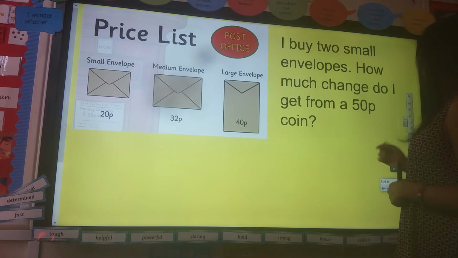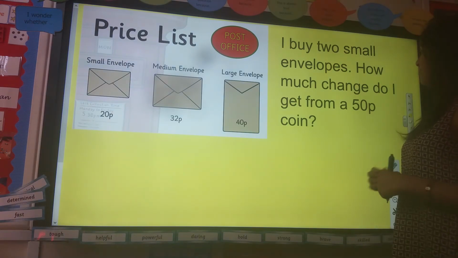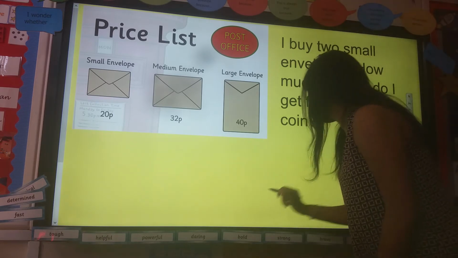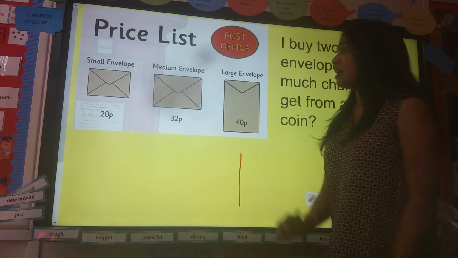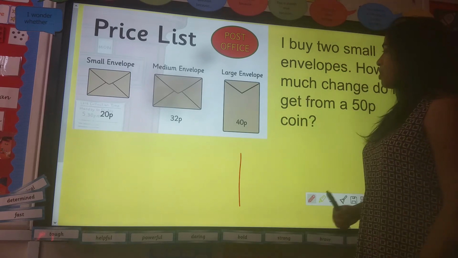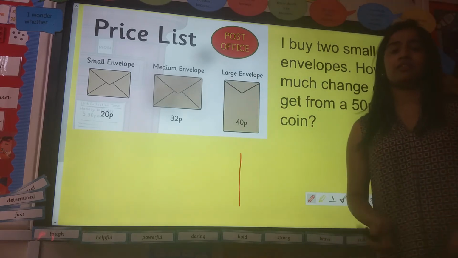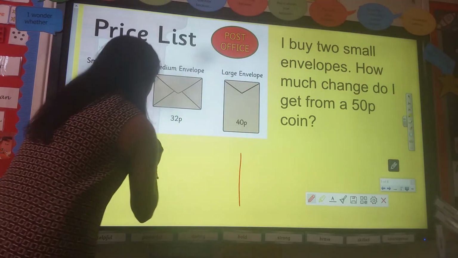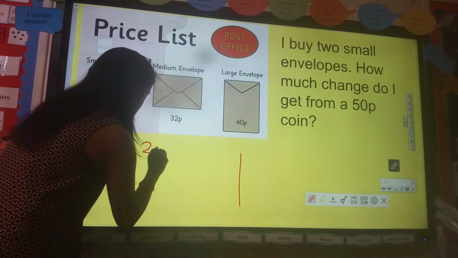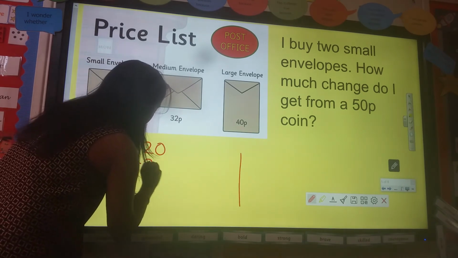So, I buy 2 small envelopes. How much change do I get from a 50p coin? So firstly, I want you to calculate how much 2 small envelopes cost in total. Go. Are we ready? Let's have a look. So 2 small envelopes, so 20p plus another 20p.